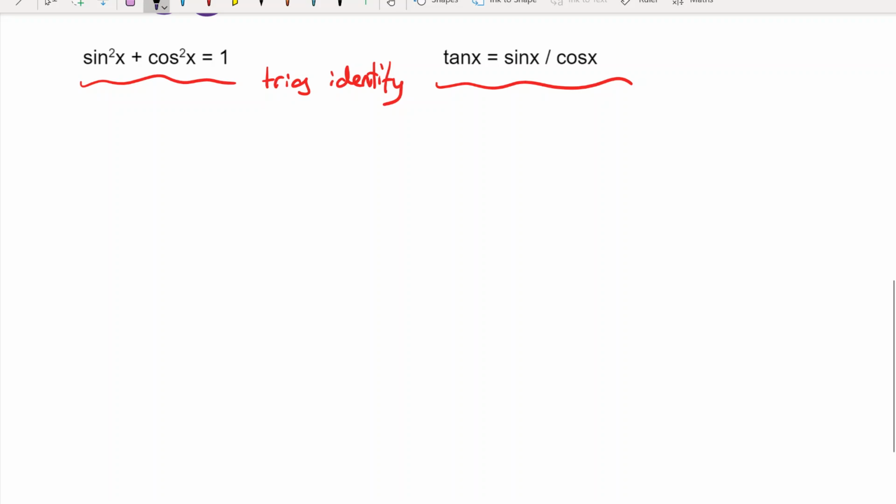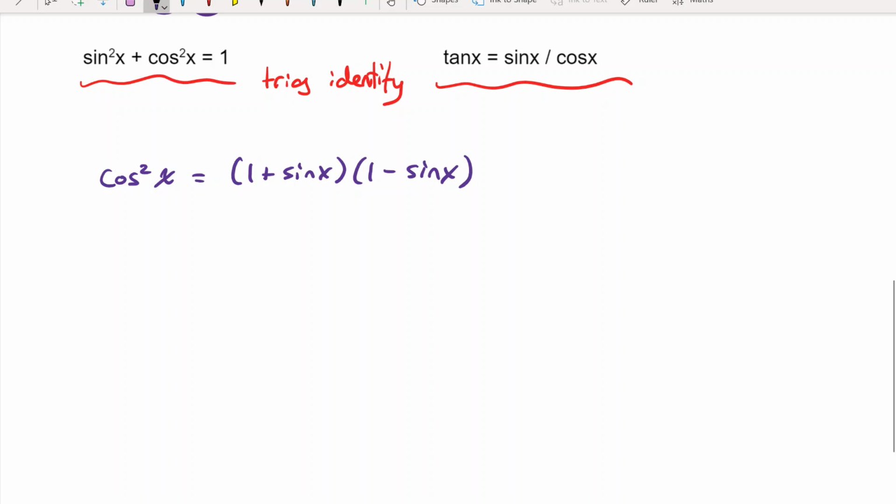So for example, let's say you're trying to solve cos squared x equals 1 plus sine x times 1 minus sine x.